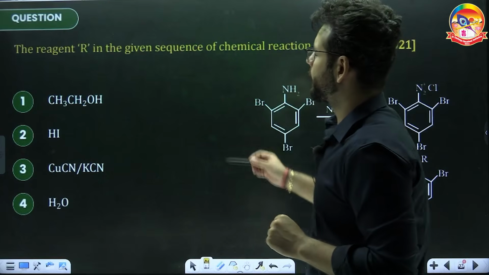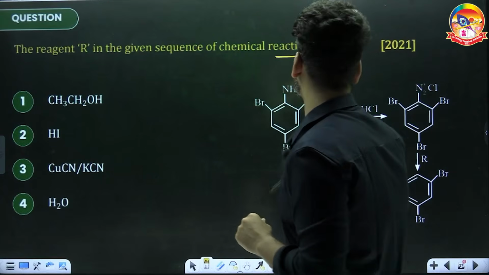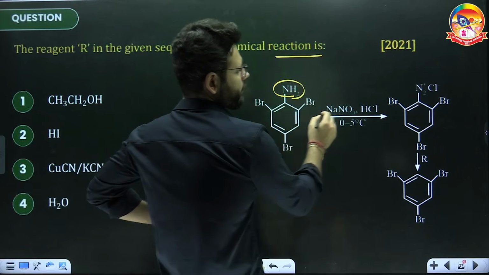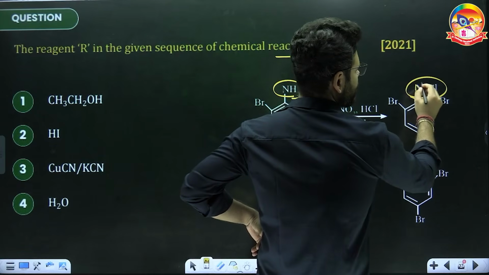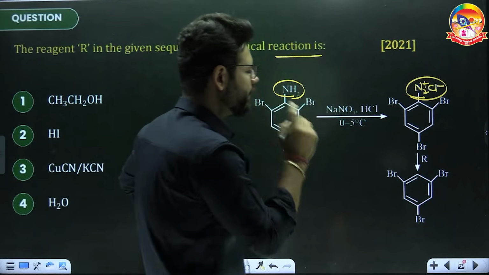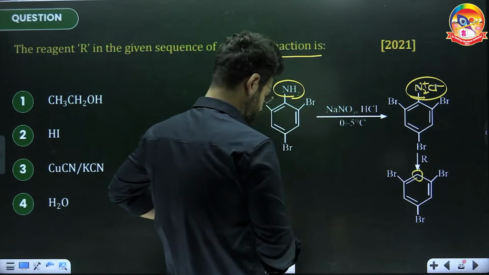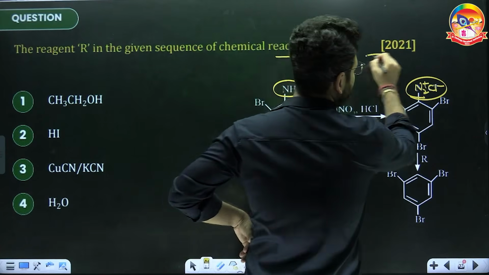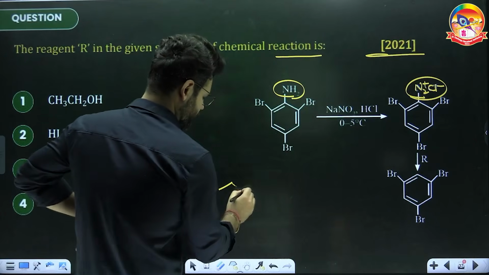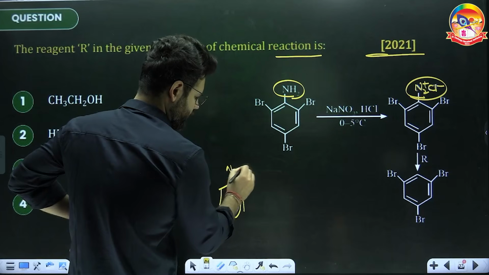Next one. What is the reagent R in the following sequence? NH2 was there, we converted it to diazonium salt, N2+Cl-, and then we have removed this. Very important question, NEET 2021. Whenever you want to reduce a diazonium, you can use 2 reagents.